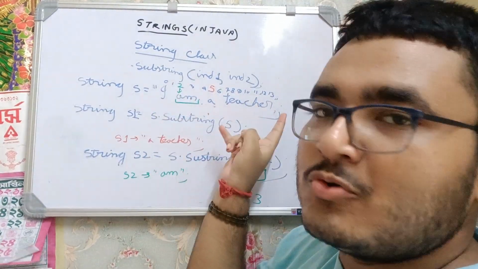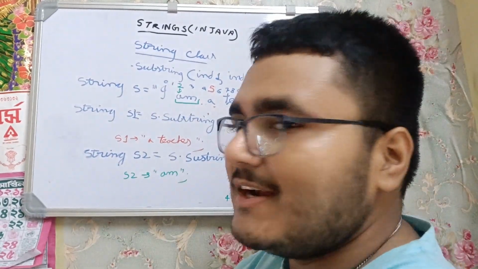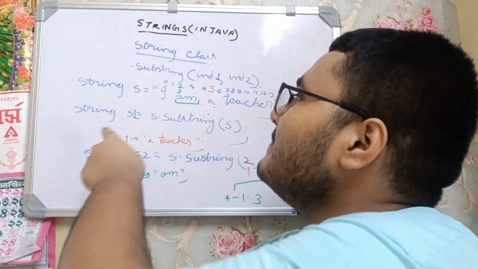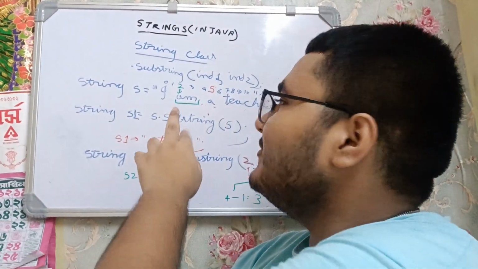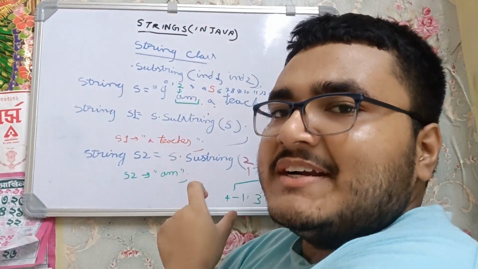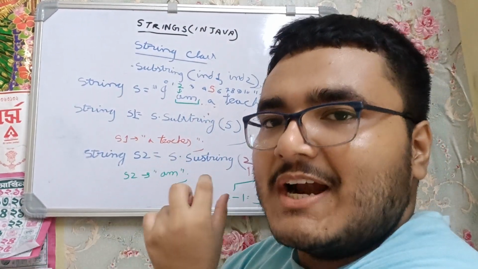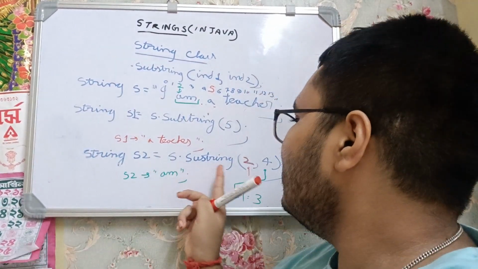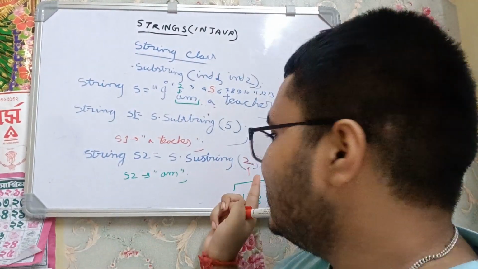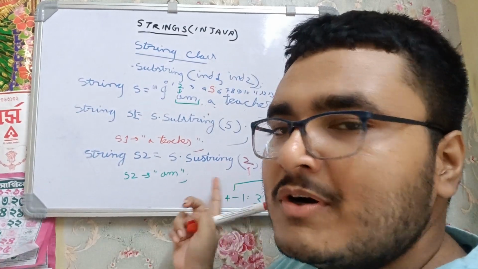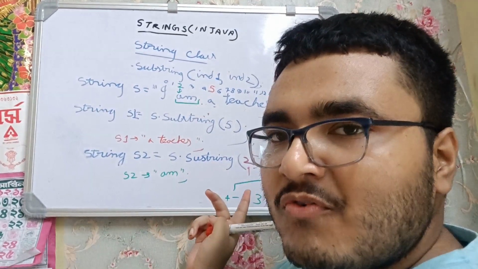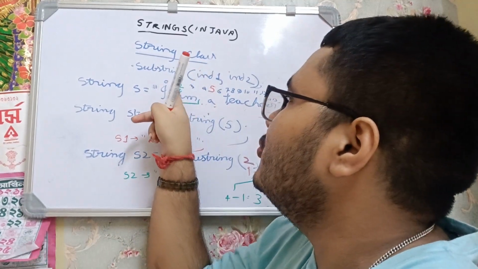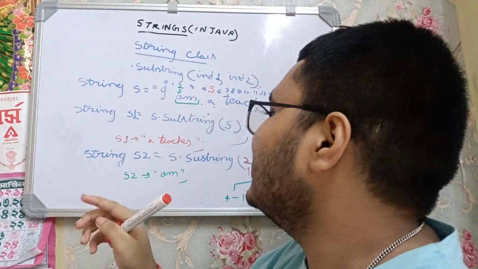If 0 to 13 is 14 characters, internally it is 5 comma 14, which means it collects up to 13, the whole thing. The same thing is happening here when I am passing index 2 and 4: 4 minus 1 is 3, so 2 and 3 will be collected.